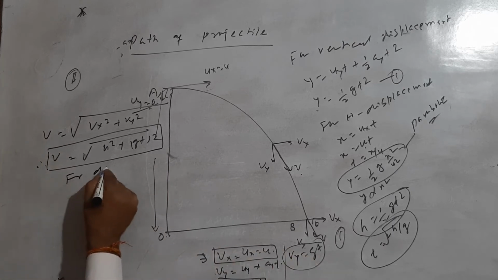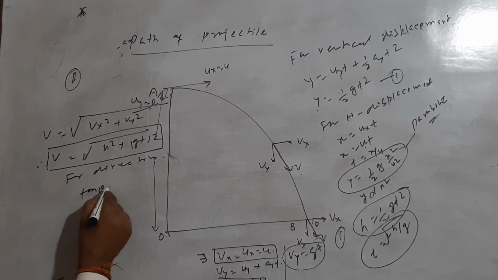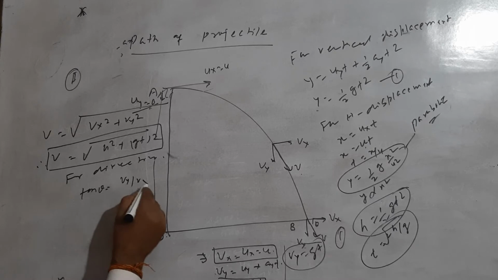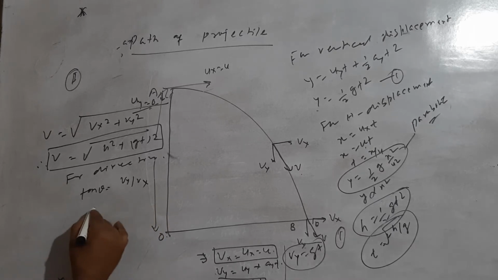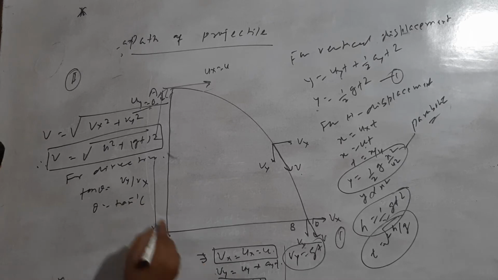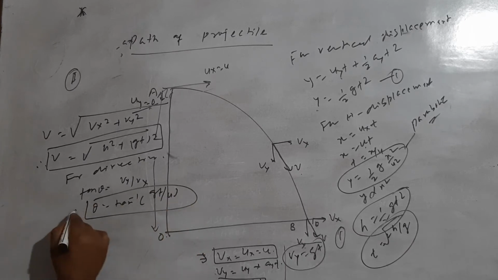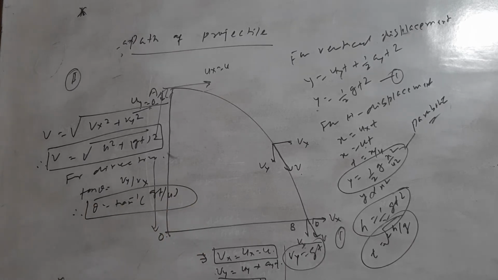And for direction, when the projectile hits the ground, tan theta equal to vy by vx, and theta equal to tan inverse of vy, which means gt, by u. This is the expression for direction.